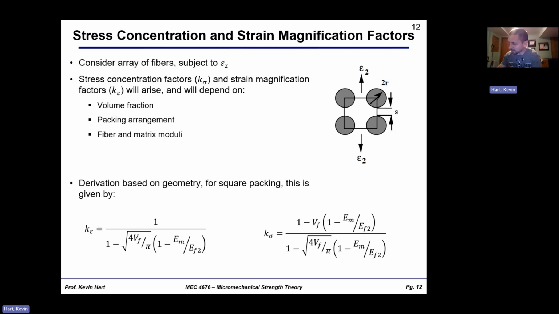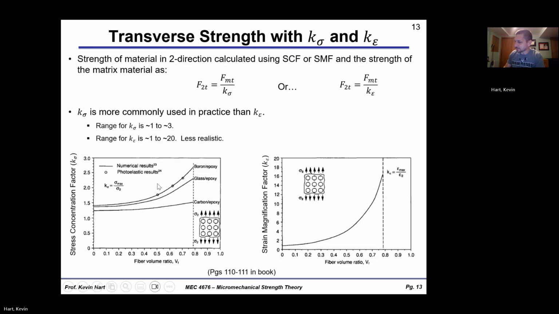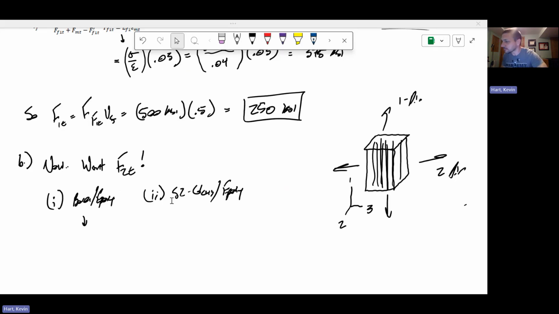That's why you see the volume fraction term pop in here. Okay. So in general, F2T is going to be FMT over K sigma, or the strain concentration factor. So either the stress concentration factor or the strain concentration factor. It's just the failure strength of the matrix in tension divided by that factor, right?